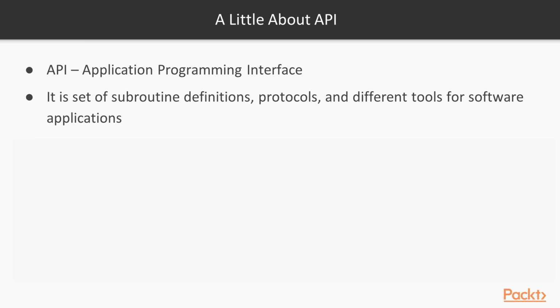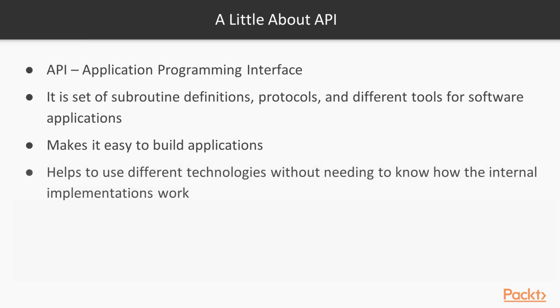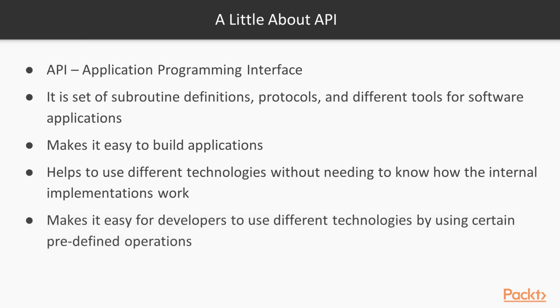The reason APIs are quite popular is that using an API, it becomes easier for a programmer to build an application, as well as use different technologies without needing to know how the internal implementation works. An API makes it easy for developers to use different technologies in building applications by using certain predefined operations.